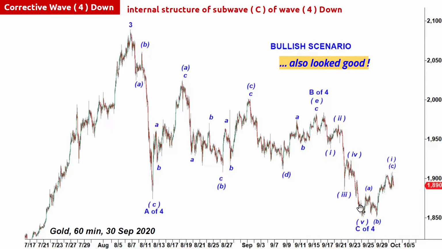But you should understand that here we're dealing with a corrective ABC down structure. And when you deal with a corrective structure, you should not be a purist. You should not require perfect microstructure inside subwave C of a corrective structure. It's a counter-trend move. Counter-trend move means that bulls and bears are fighting. Two opposite forces collide.